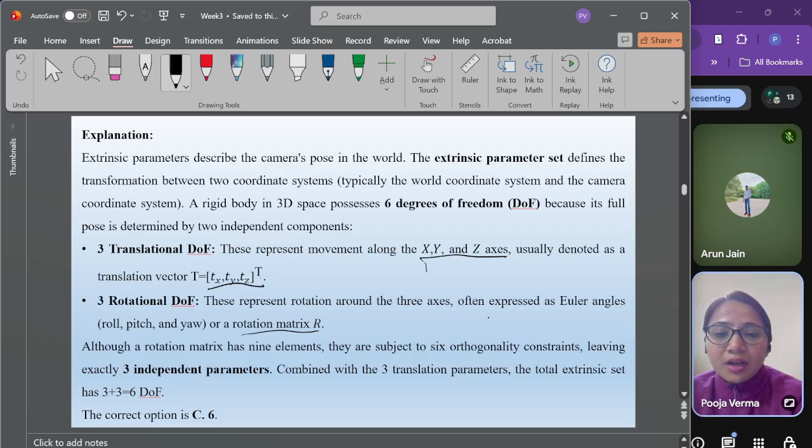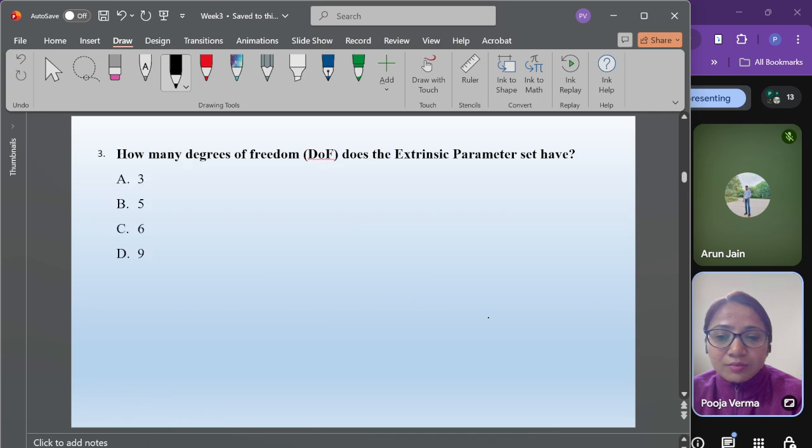Although the rotation matrix has 9 elements, they are subject to 6 orthogonality constraints, leaving only 3 independent parameters. Combined with the translation parameters, the total extrinsic set has 3 plus 3, 6 degrees of freedom. So the correct option is 6.